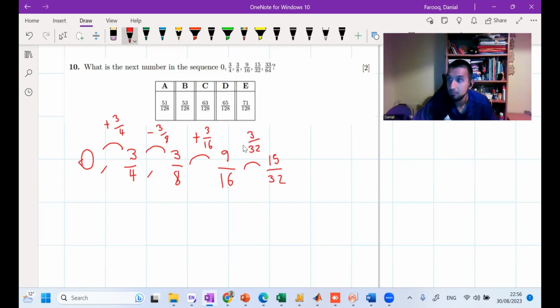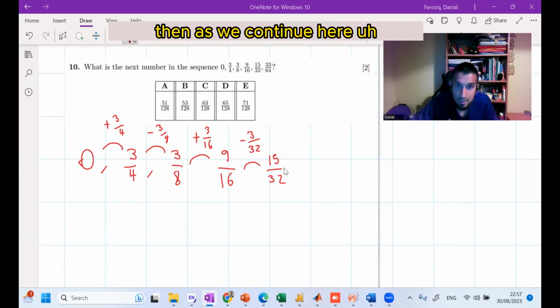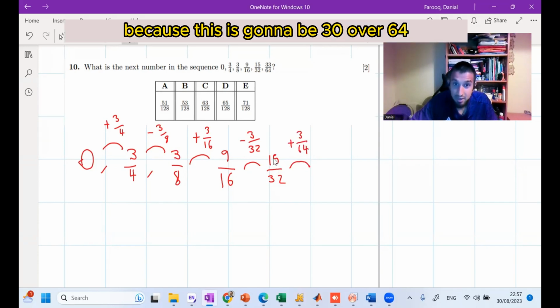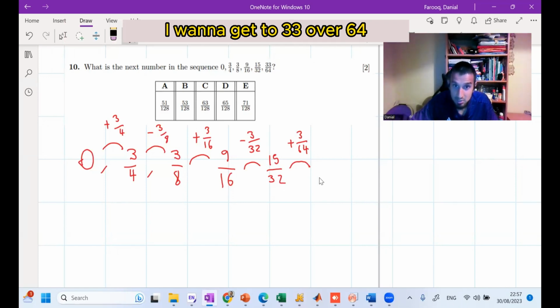Okay. Then as we continue here, we're going to be adding 3 over 64 because this is going to be 30 over 64 and we want to get to 33 over 64.